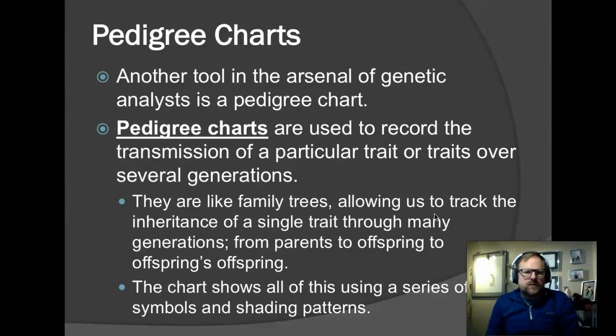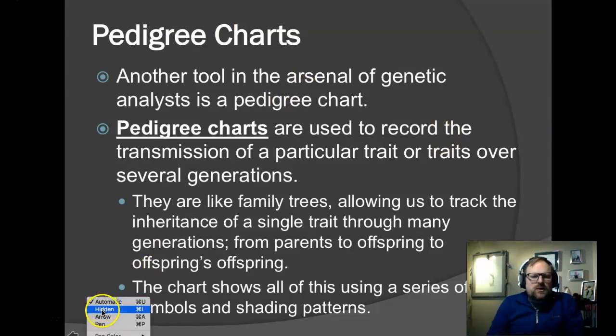So a pedigree chart is another tool in the arsenal of genetic analysts. Okay, and it's used to record the transmission of a particular trait or traits over several generations.